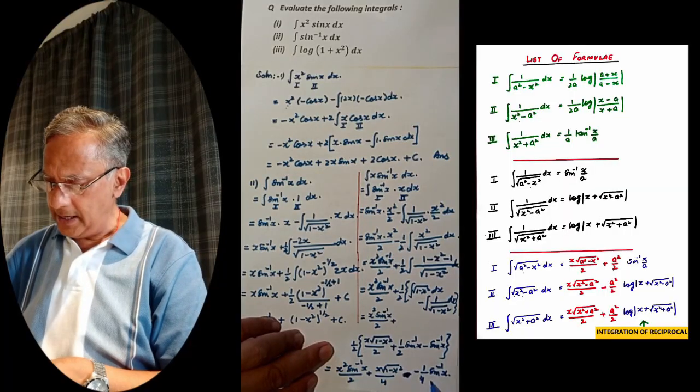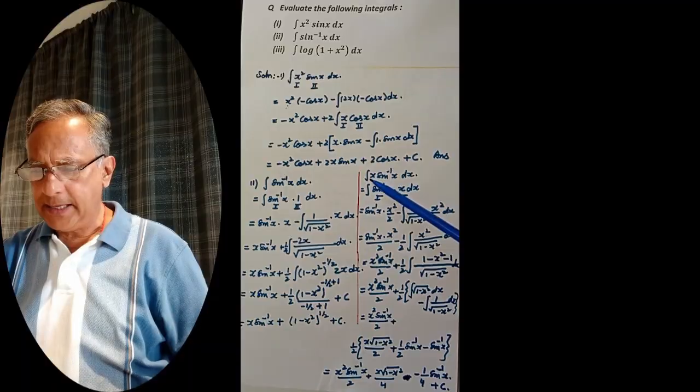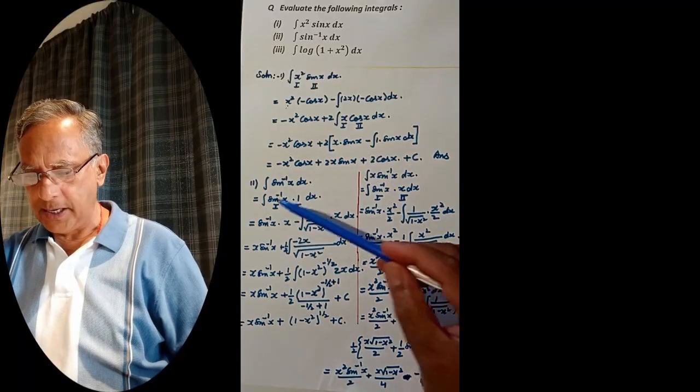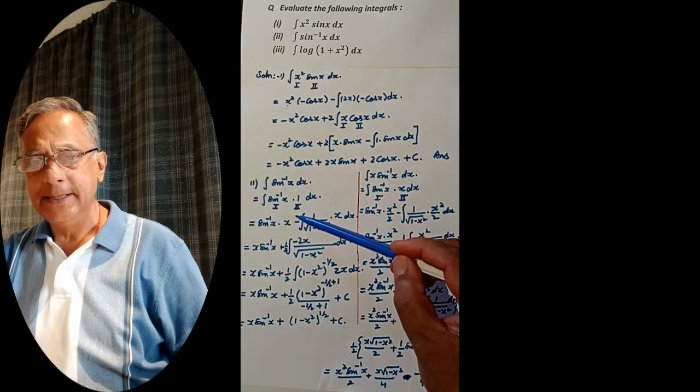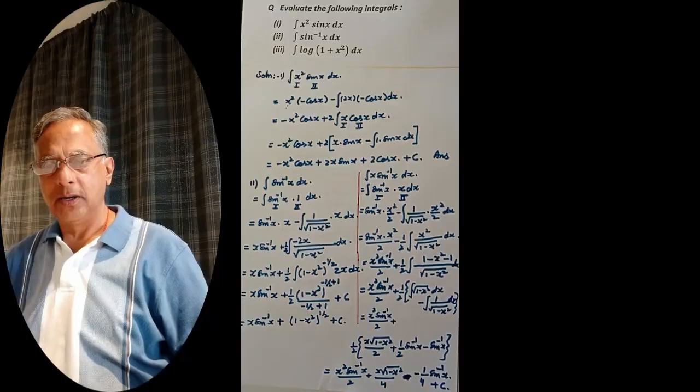So this is the answer. If we have x instead of 1, we will take x as second function, and in this case we will take 1 as a second function, and this will be solved like this. This can be solved.